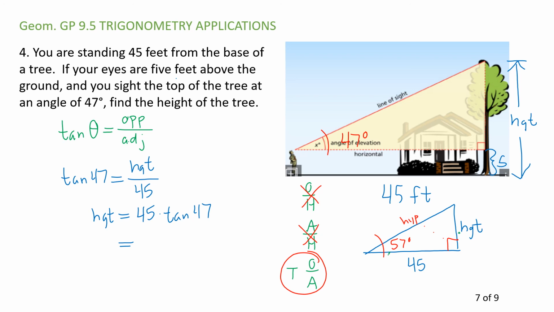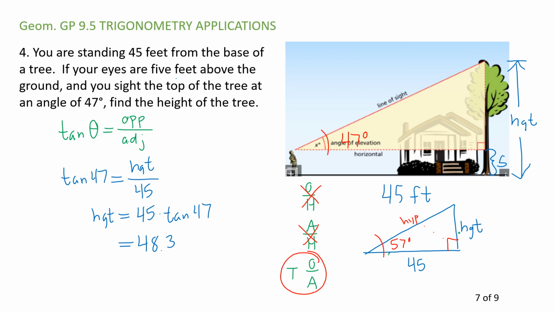When the variable's on the top, that's when you multiply. So I am going to multiply 45 times tangent of 47. I'm not even going to bother figuring out what that is. That's 48. That's the answer, but not entirely.